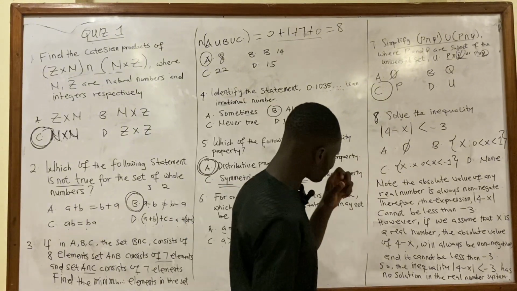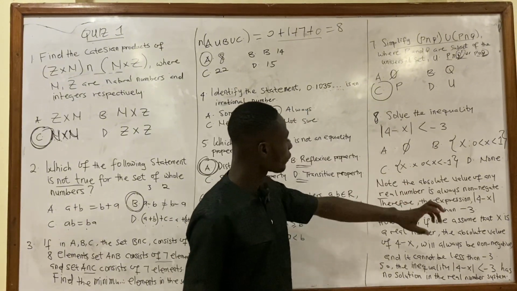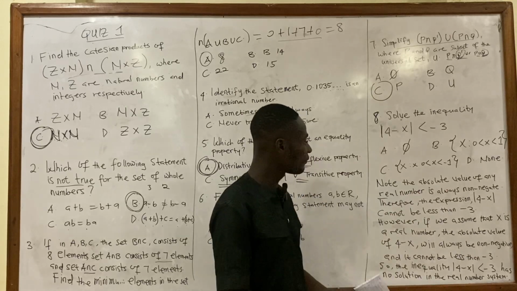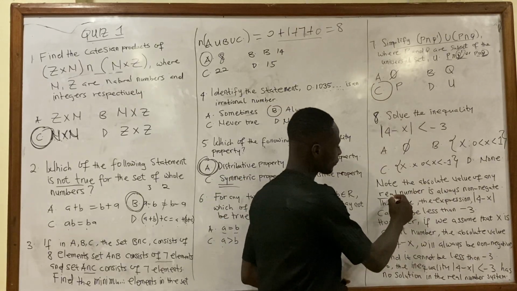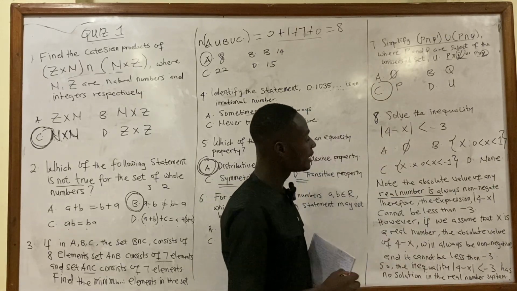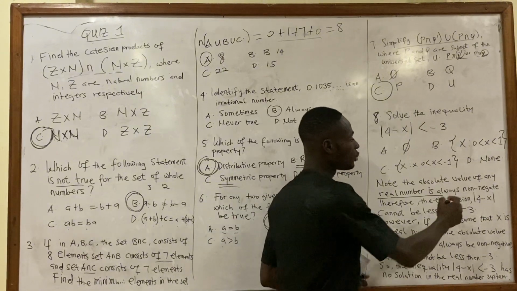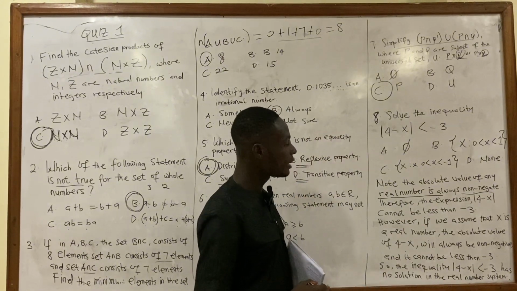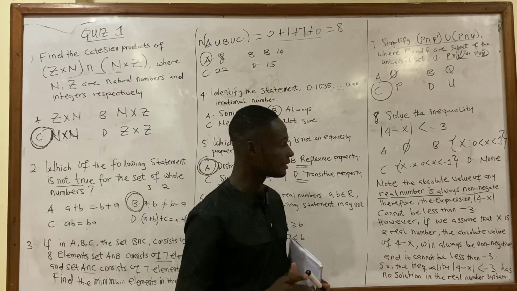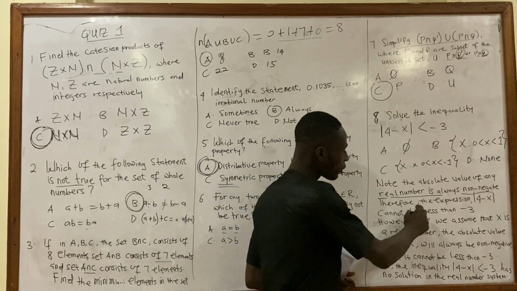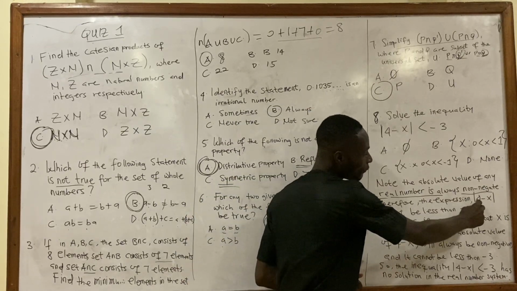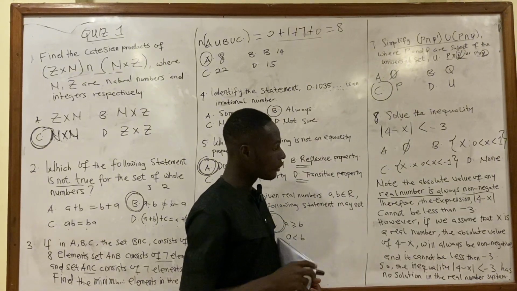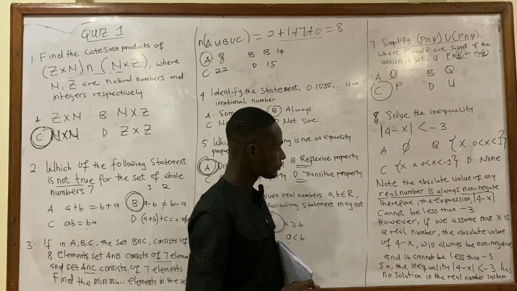So from here, we must note that the absolute value of any real number is always non-negative. And therefore, the absolute of 4 minus x cannot be less than -3.